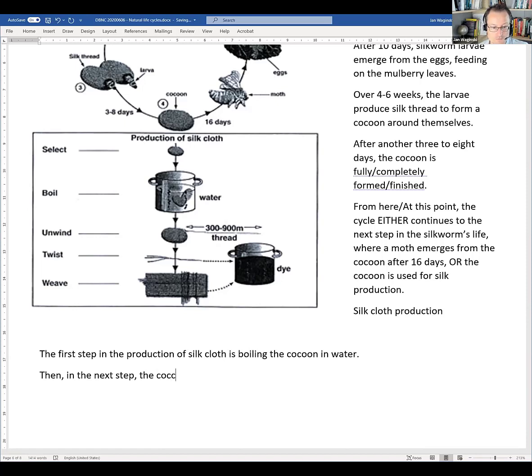The cocoon is, what's the past tense of wind? Unwound, I'm not sure actually. Unwounded. Wound. It's pronounced wound. Okay. And what about this business here? To reach 300 to 900 meters.